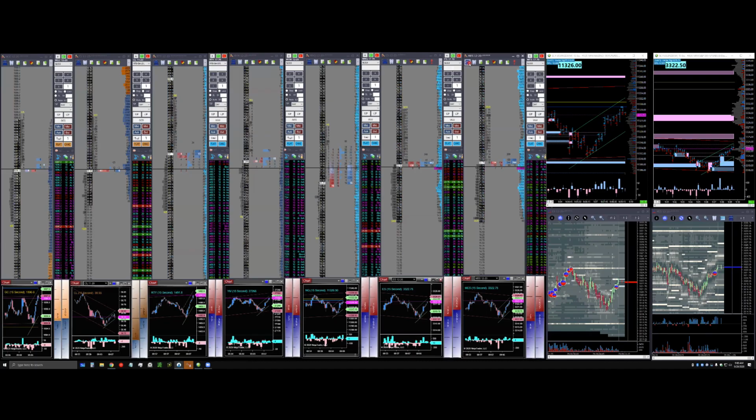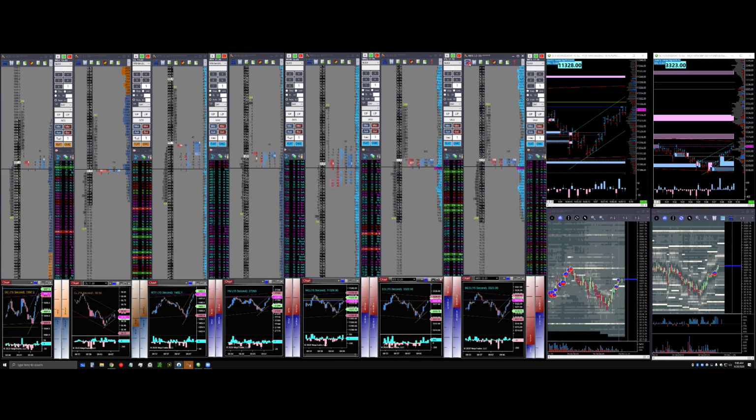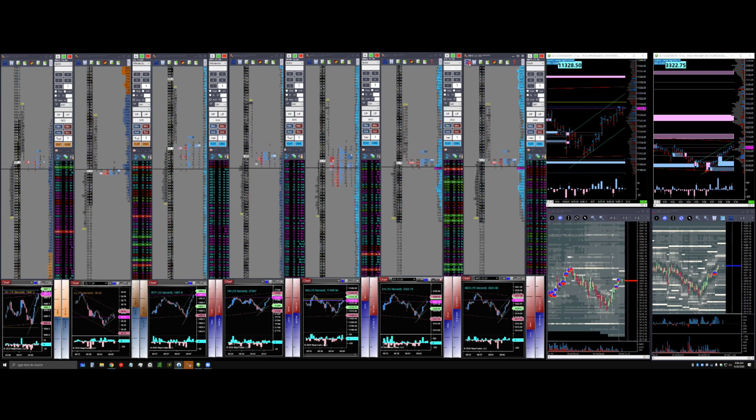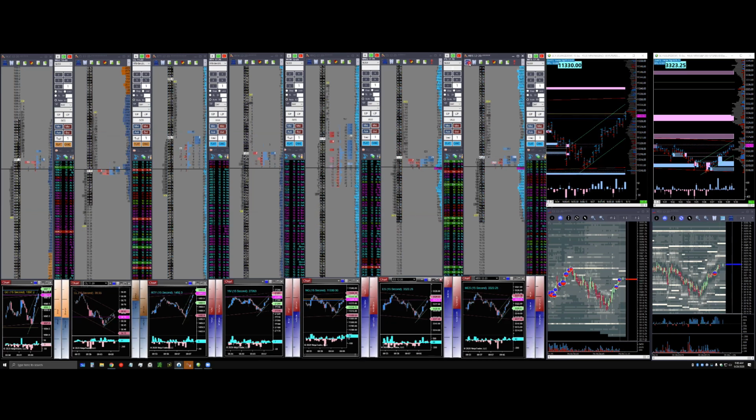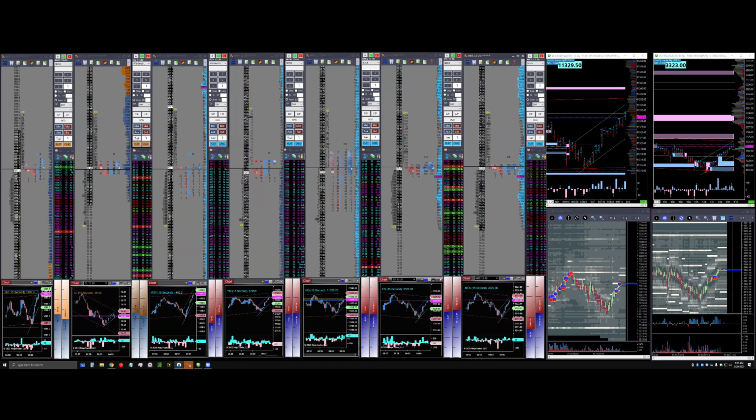I remain an advocate for doing both, simply because of some of the data feed weirdness that's happened, or if somebody's platform's quirky, it takes me 10 seconds to switch Jigsaw from coming through Ninja to CQG over on Sierra, and then I just have to shut Sierra off and I'm good. So it gives you a lot of alternatives, and that's something to think about going forward. So, all right, let's cover some of the other questions.